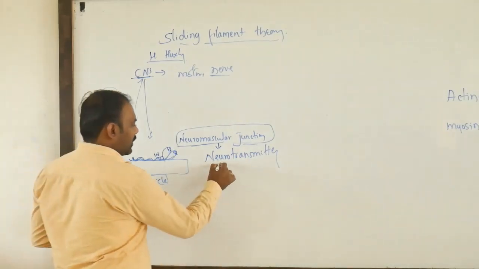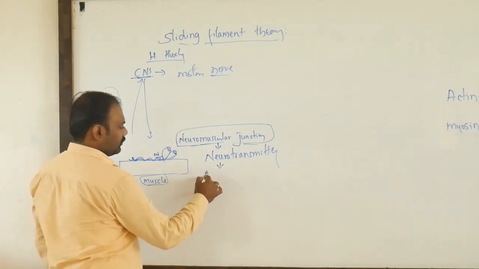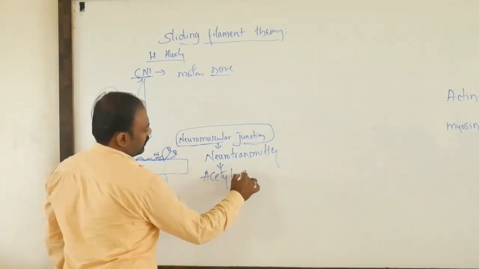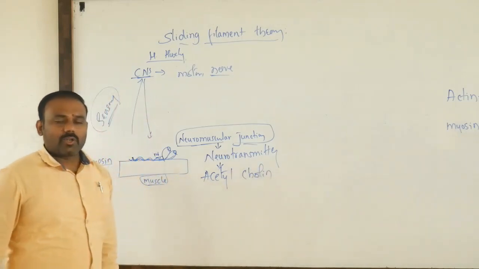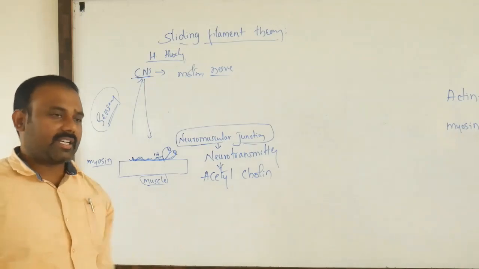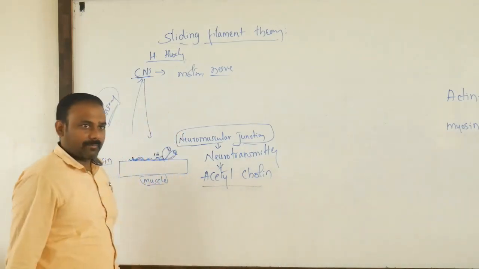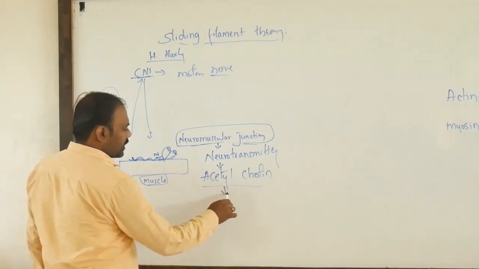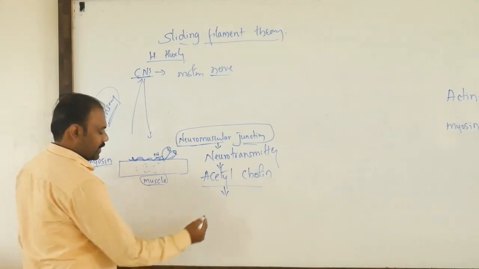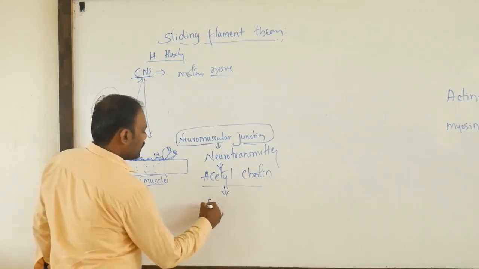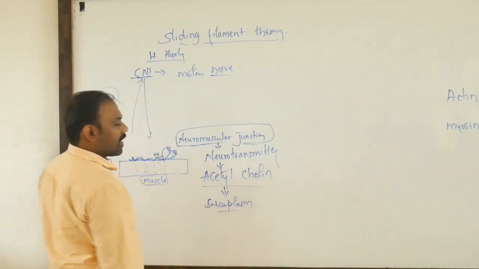In our concept, the neurotransmitter refers to acetylcholine. Remember the word acetylcholine. That acetylcholine is nothing but a neurotransmitter. When this neurotransmitter is released into the muscle, that is, into the sarcoplasm, remember the word sarcoplasm.